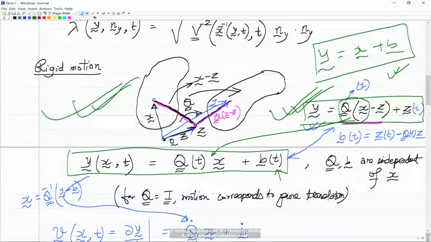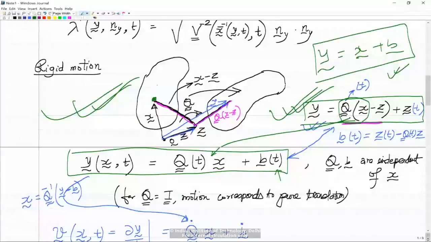So for any point x, when it rotates, you can think physically that the vector connecting x with z is the vector which is rotating, and its magnitude must not change because it is rotating about z.